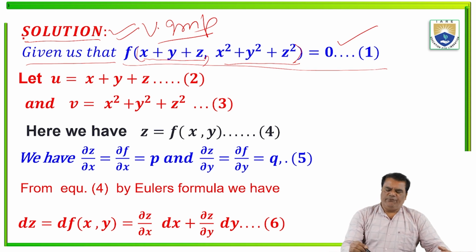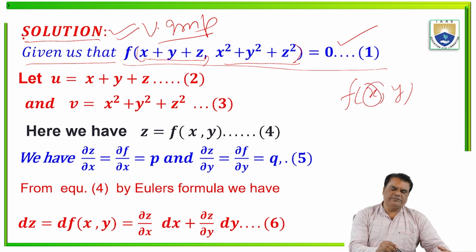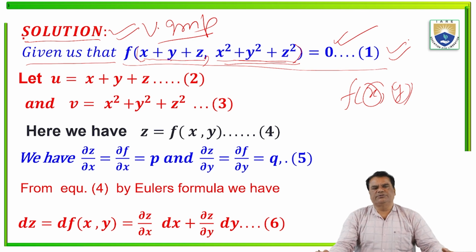Suppose the function is of this type, f of x comma y. In place of x, we are given x plus y plus z, and the other variable y is given as x square plus y square plus z square. So this is equal to 0, that is equation 1.